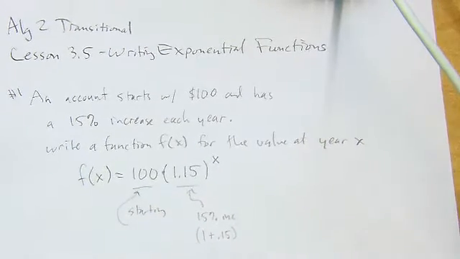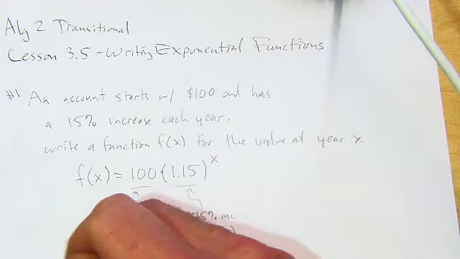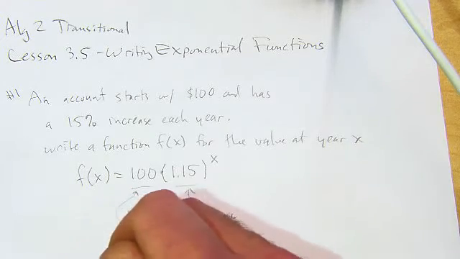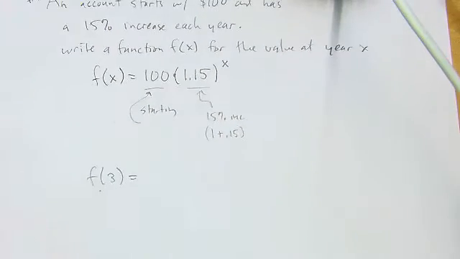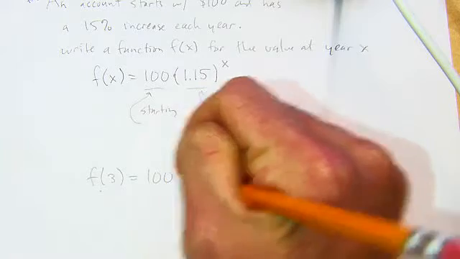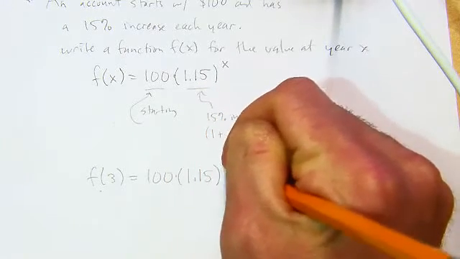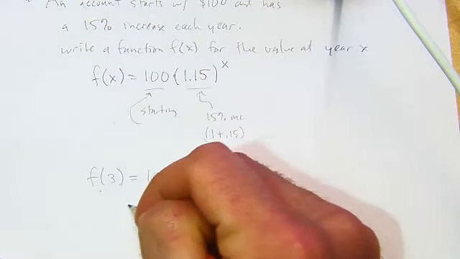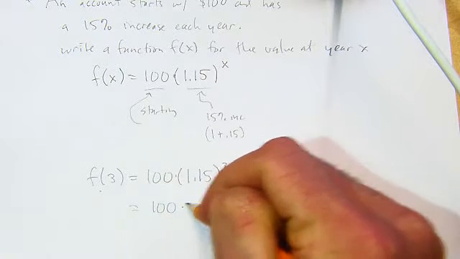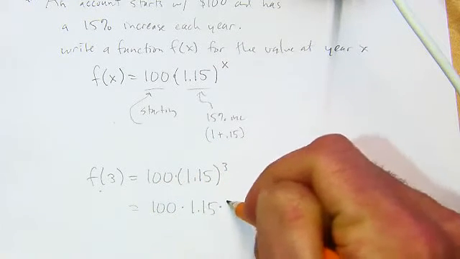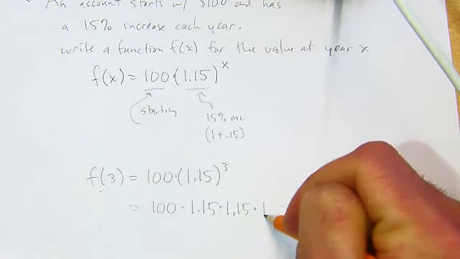Okay, that's a function. It will say something like, what's f of 3? Well, plug in 3. So it's 100 times 1.15 to the third, which really just means 100 times 1.15 times 1.15 times 1.15.